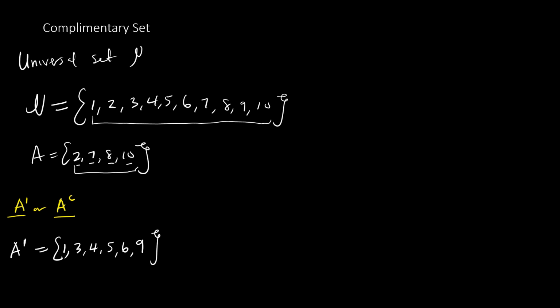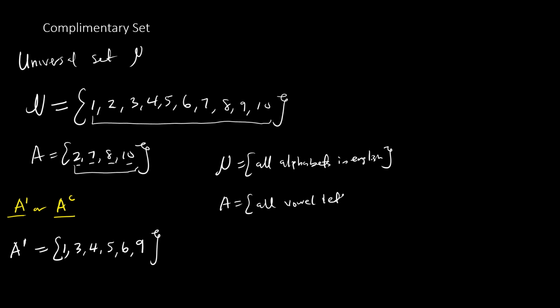Another example: if you have a universal set which contains all alphabets in English, and we have set A which consists of all vowel letters, then if you are to find the complement, it's going to be all consonant letters.